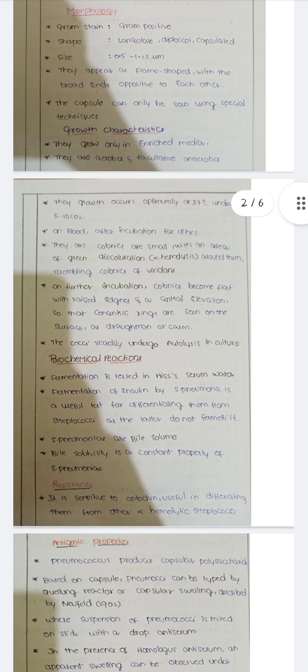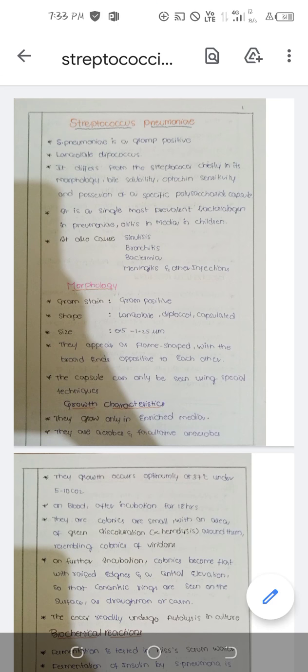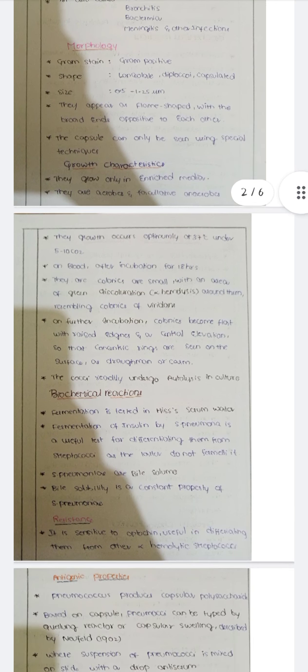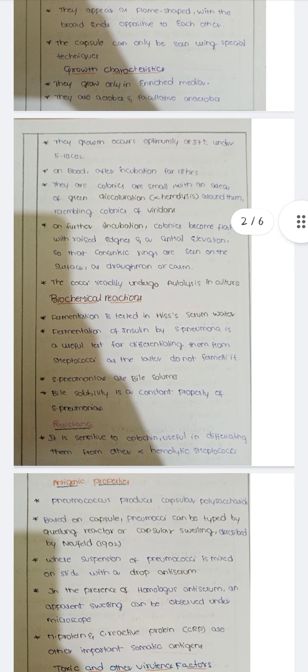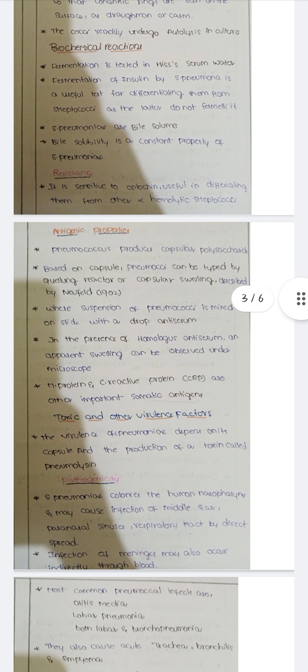The fermentation of inulin by Streptococcus pneumoniae is a useful test for differentiating them from the viridans streptococci, as the latter do not ferment it. Streptococcus pneumoniae is bile soluble. Bile solubility is a constant property of Streptococcus pneumoniae. It is sensitive to optochin, which is useful in differentiating them from other hemolytic Streptococci.